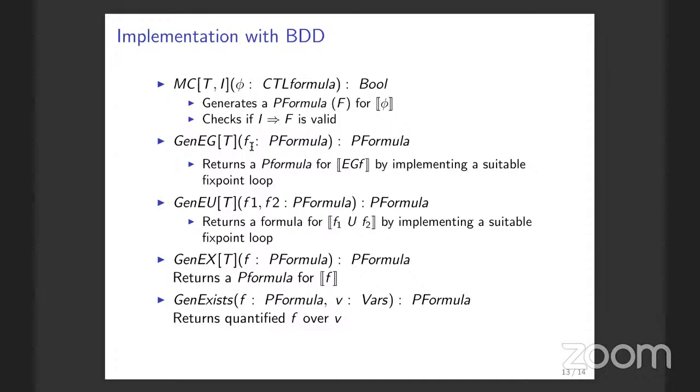So all this is a program that maps a propositional formula denoting a set of states to the result of applying EG to that. At the topmost level, you can implement this as a recursive function or a loop.